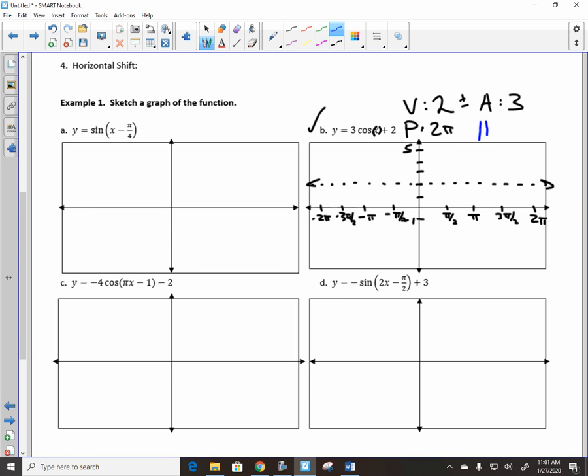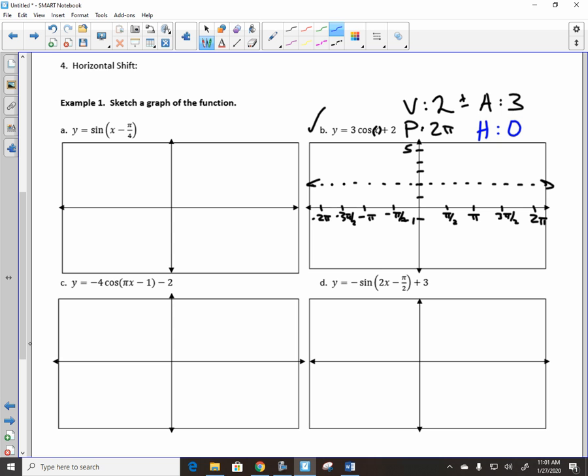As far as the horizontal shift, there is none. As you look at the inside there, it's just x. If it was x minus 2, then the horizontal shift would be 2. If it was x plus 3, the horizontal shift would be negative 3. So you don't have anything on the inside other than the x, so there is no horizontal shift.